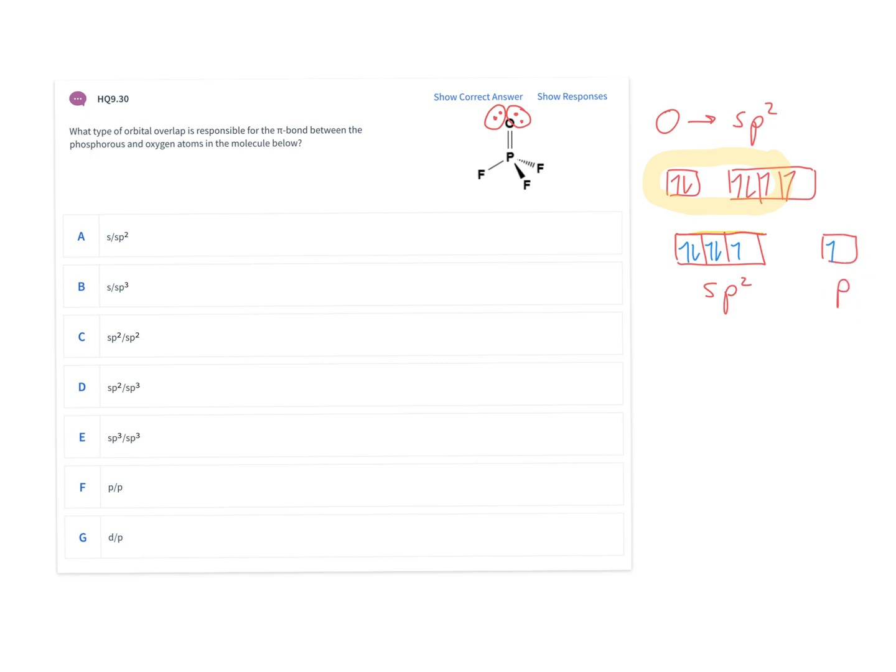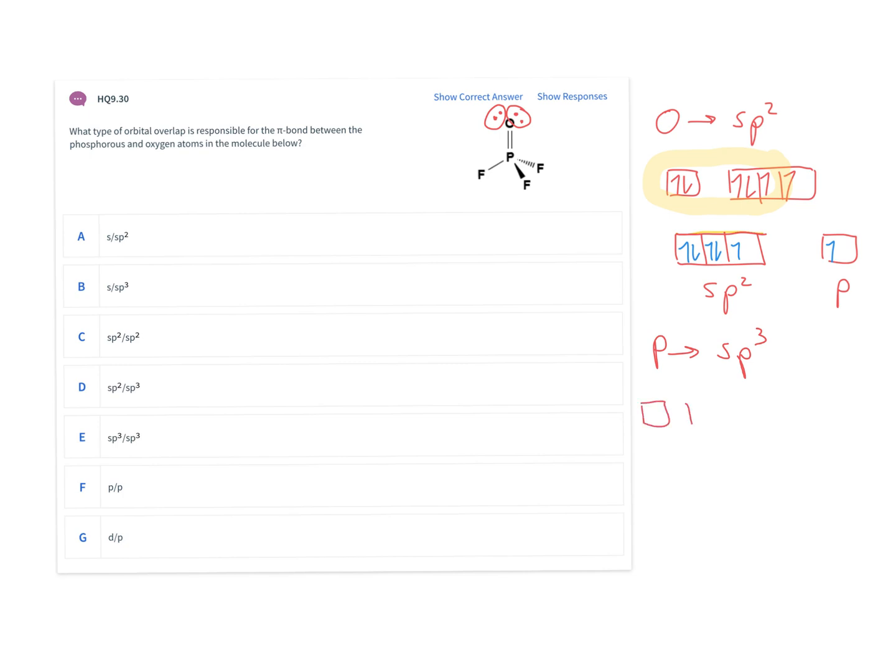Now we're going to get to our phosphorus. Phosphorus has 1, 2, 3, 4 electron domains. Because phosphorus has 4 electron domains, it is sp3 hybridized.